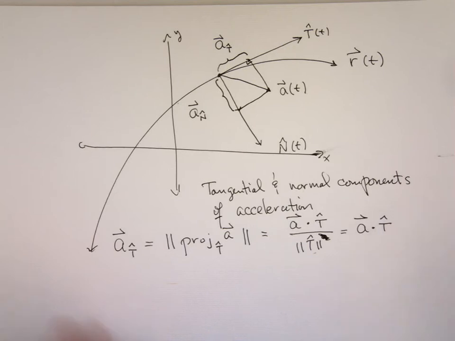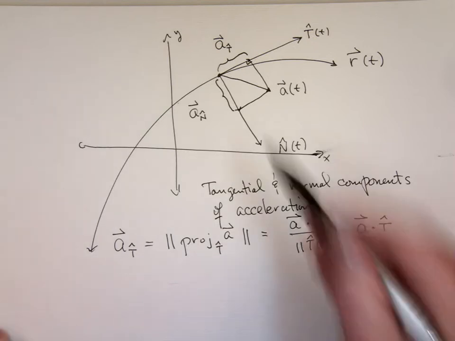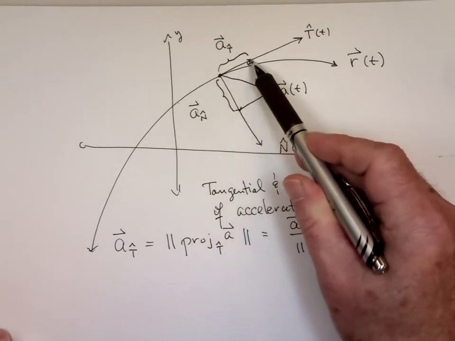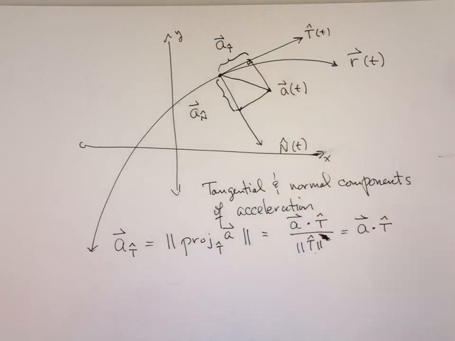That is the tangential component of acceleration: A dot T. It's the length of this projection of A on T.